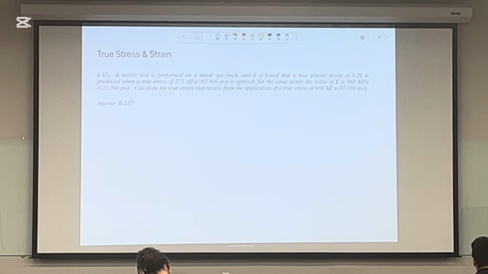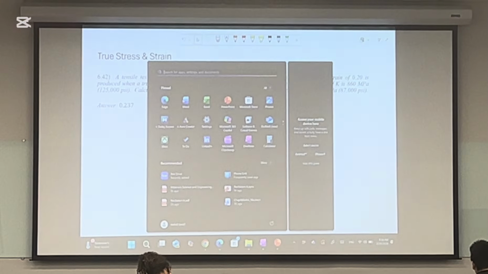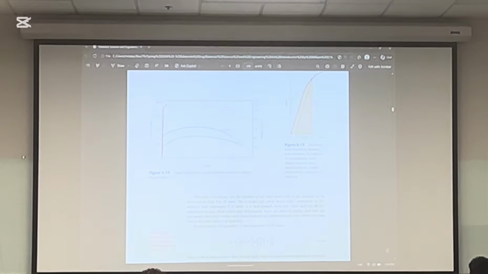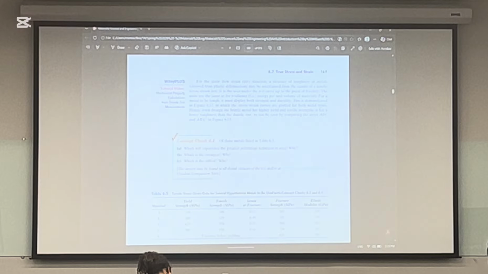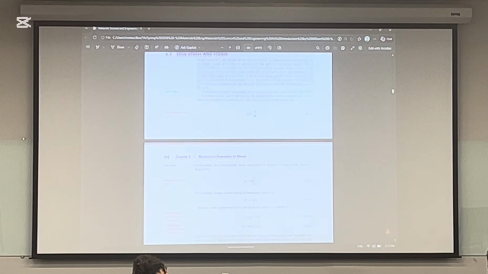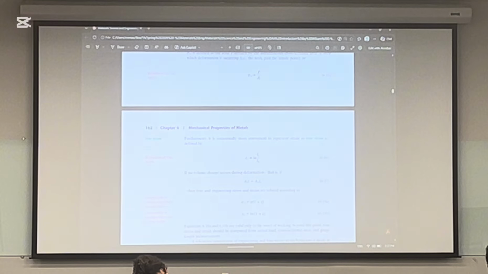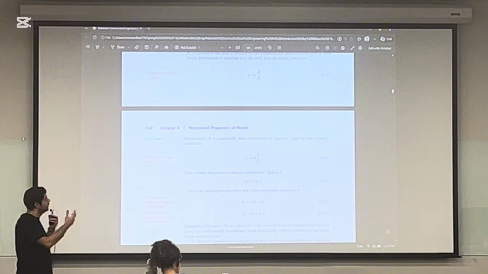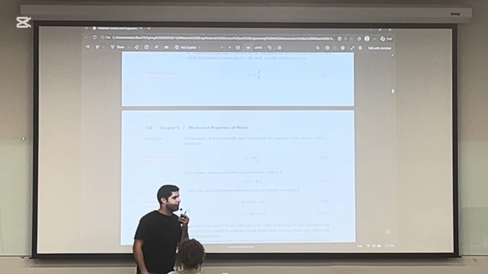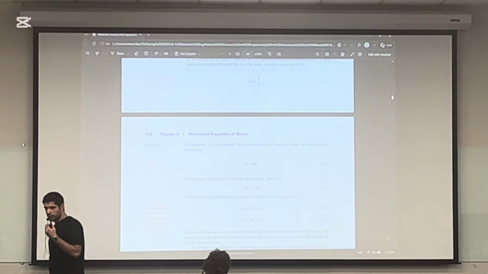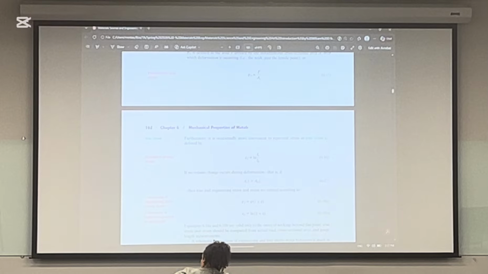Okay, so let's review the concept first. Do you know what true stress, for example, represents? And what's the difference between true stress and engineering stress?